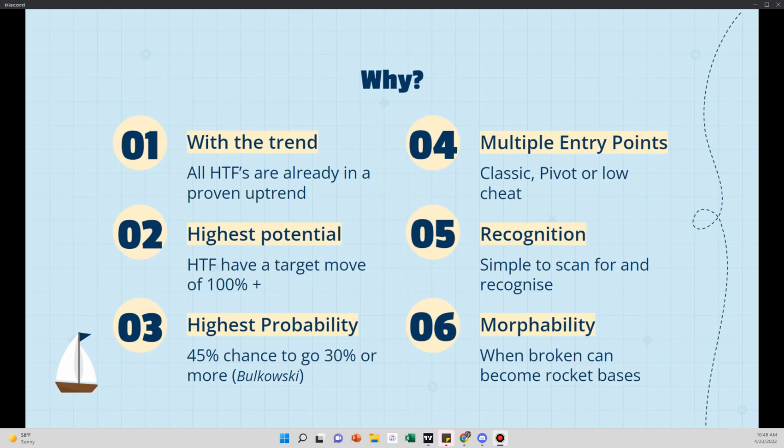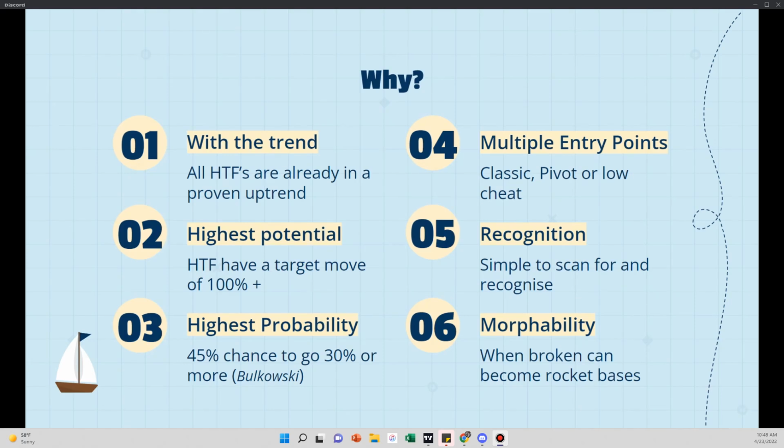And it's one of the ones with the highest probability. You've got a 45% chance on any high tight flag to go 30% or more from the classic entry, which is the flat top entry. So with those three things, you're already on a pretty good, pretty safe bet, I think.